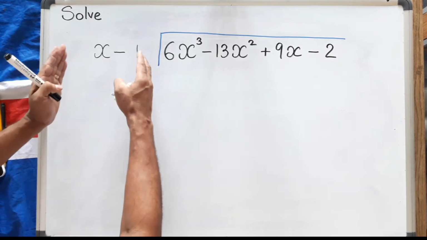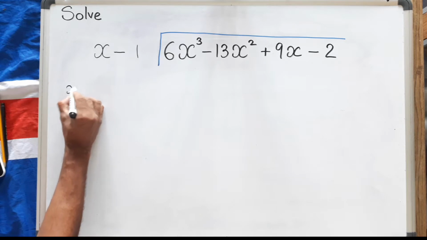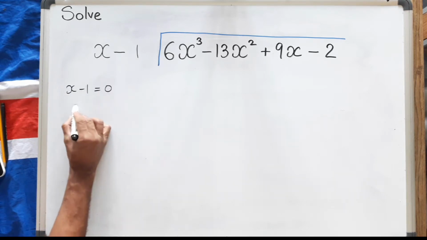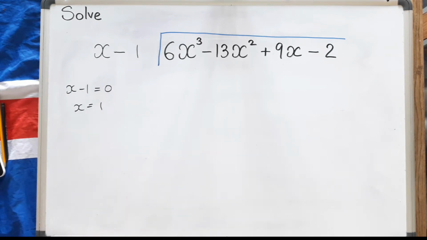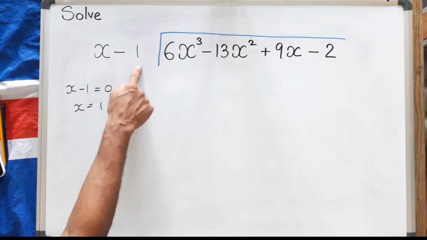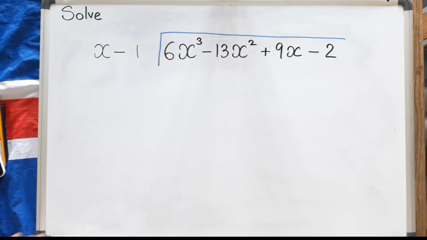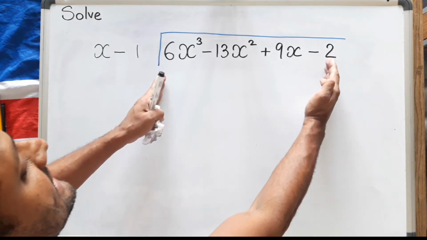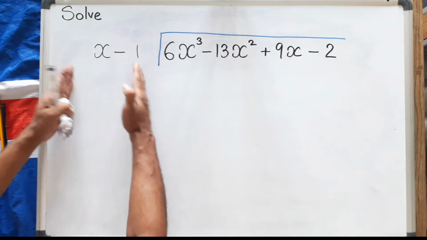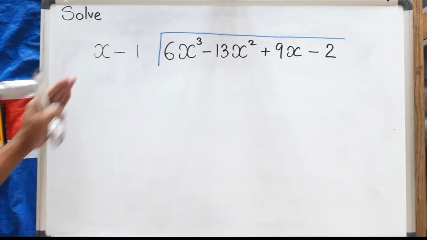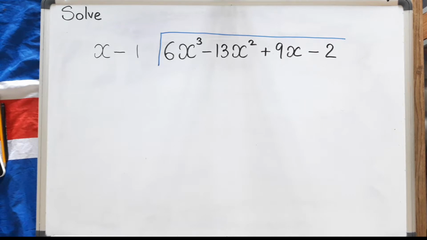And I can prove it now, because if you put back x minus 1 equal to 0 and you solve for x, you will get back 1. So that means x minus 1 is supposed to be a factor. And what do we know about factors? I told you from my previous video that if you take this expression and divide it by a factor, the remainder is supposed to be equal to 0.